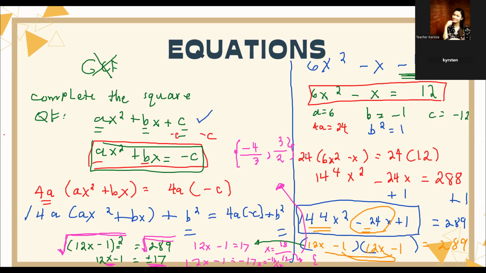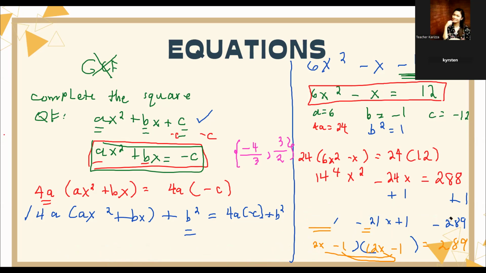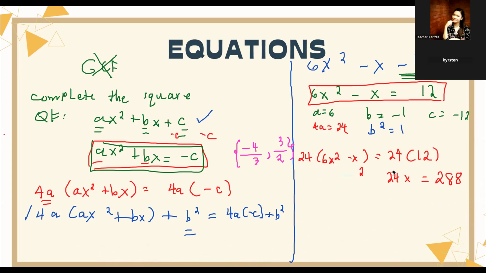Opo. Next. Let's try one more example. Isa to sa medyo mas complicated na lesson. Pero kailangan mo lang naman tandaan is rewrite your equation into the quadratic formula. There's 7 steps, but personally, I just simplify it into 3 steps.